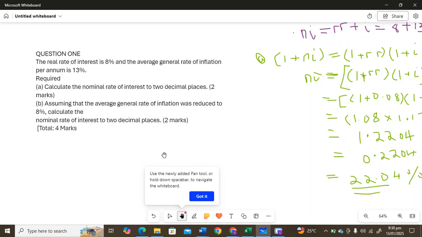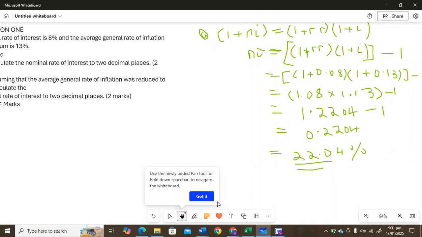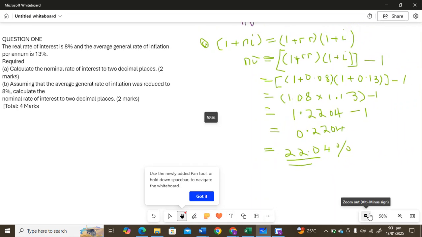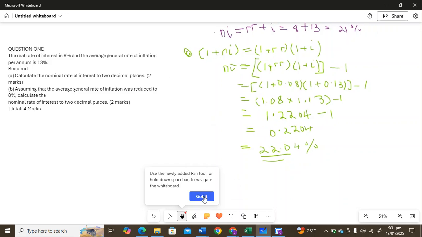So the next part of the question is, assuming the average general rate of inflation was reduced to 8%, calculate the nominal interest rate. Again, we'll use this formula to calculate the nominal interest rate, which is the interest rate where inflation hasn't been taken into account.